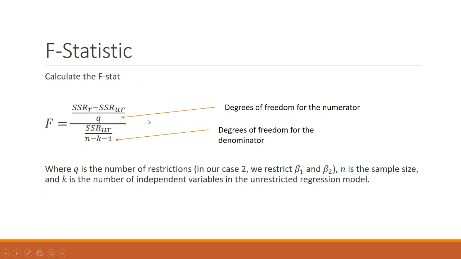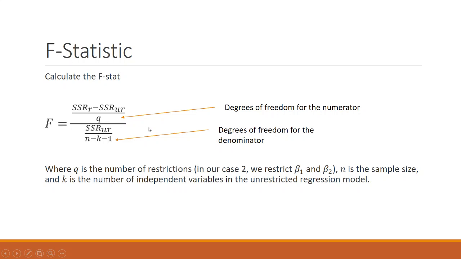Okay? So your F statistic is the sum of squared residuals for the restricted model minus the sum of squared residuals for the unrestricted model, divided by Q. Q is the number of restrictions. So in this case, I have 2 restrictions because I have restricted beta 1 and beta 2 to equal 0. All right, so in this case, Q is equal to 2.